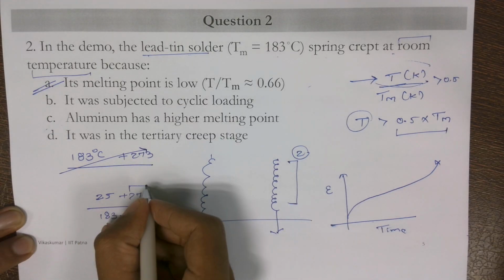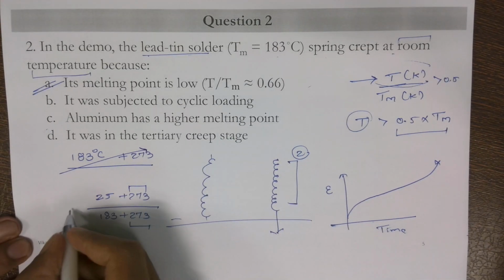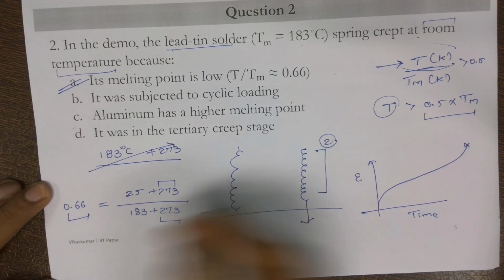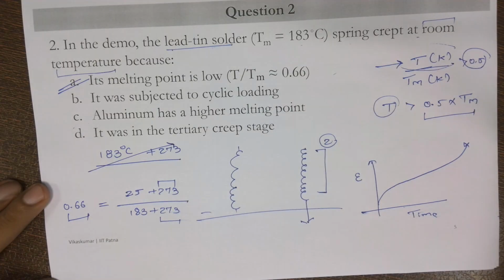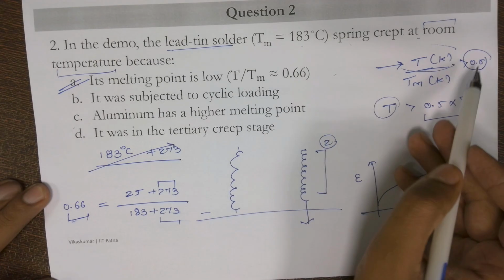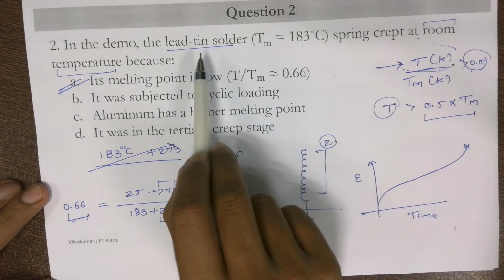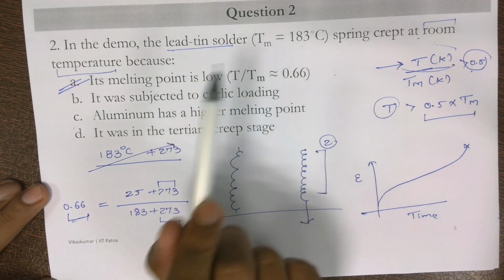This is just to convert to Kelvin. We can easily do it, and you will find that the value is 0.66, which is more than 0.5. So room temperature is sufficient for this particular lead tin solder to undergo creep.